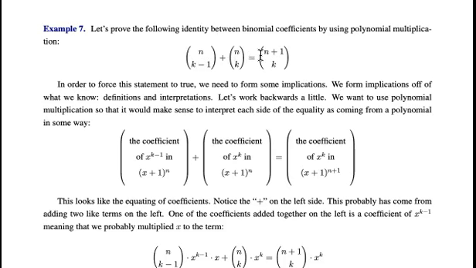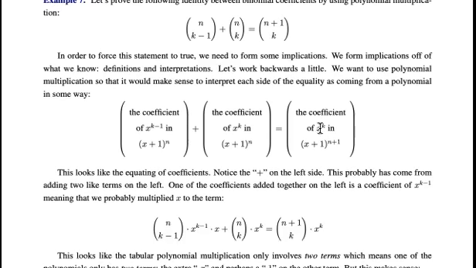Hey, we know some things about binomial coefficients, what they're the coefficients of. Right here, it's the coefficient of x to the k when we're writing out x plus 1 to the n plus 1. Now, what is this? This is the coefficient of x to the k in x plus 1 to the nth. What is this? The coefficient of x to the k minus 1, because if k minus 1 there, okay, and x plus 1 to the n. So that's helpful.